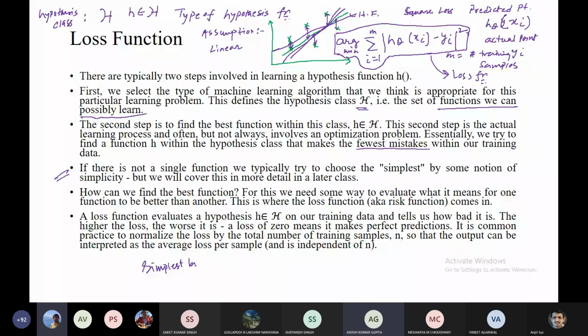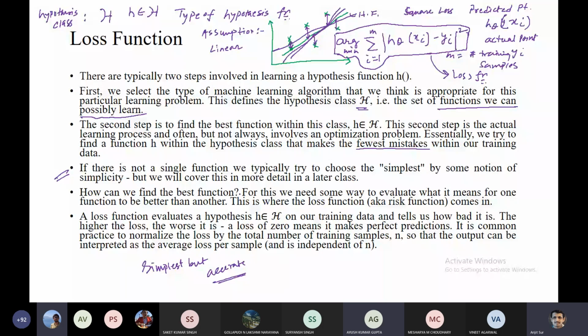We are trying to find the simplest function, but with sufficient accuracy.